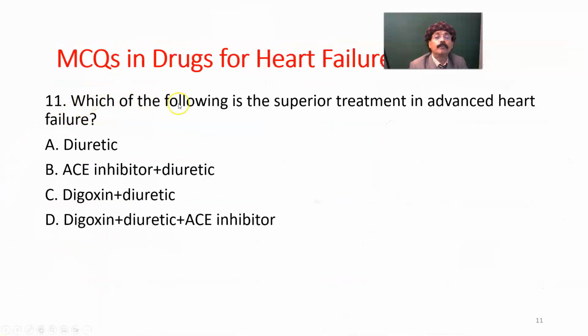Question number 11. Which of the following is the superior treatment in advanced heart failure? Statistically, we need multiple drugs to manage advanced or stage 3 heart failure. The regimens are: just diuretic, ACE inhibitor plus diuretic, digoxin plus diuretic, digoxin plus diuretic plus ACE inhibitor.